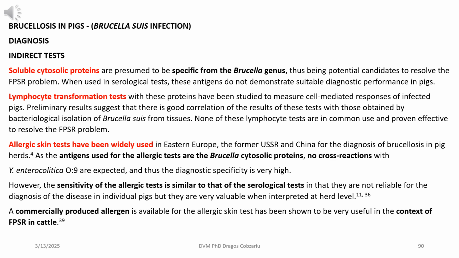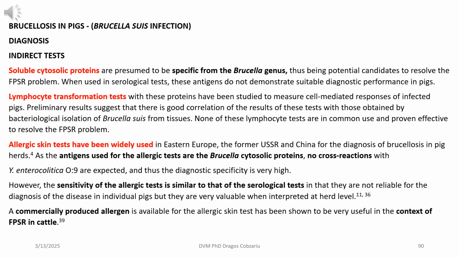Allergic skin tests have been widely used in Eastern Europe, the former USSR and China for the diagnosis of brucellosis in pig herds. As the antigens used for the allergic tests are the Brucella cytosolic proteins, no cross-reactions with Y. enterocolitica are expected, and thus the diagnostic specificity is very high.